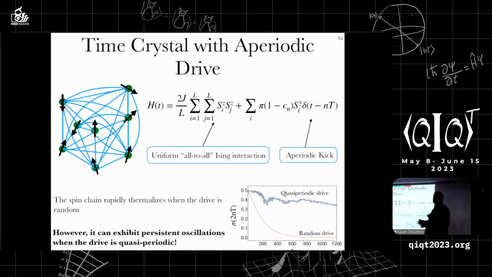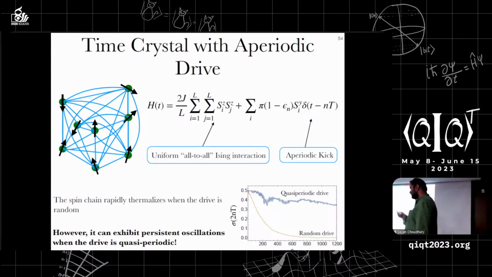Something which goes between a quasi-periodic drive and a random drive. Okay. So let me first tell you what the results are, and then tell you what we did for this. And again, as I mentioned, if you have further questions, we can discuss.